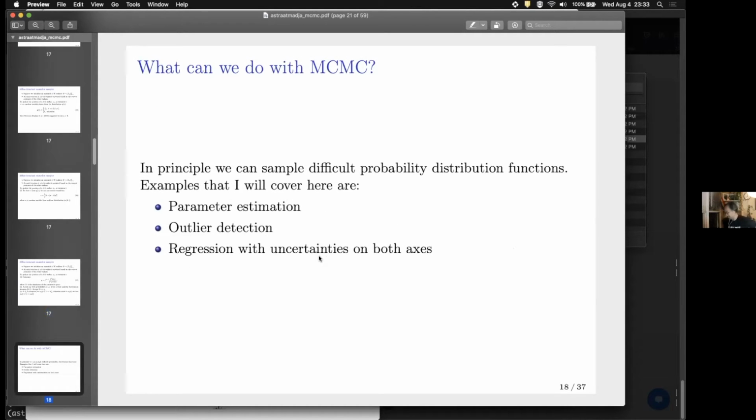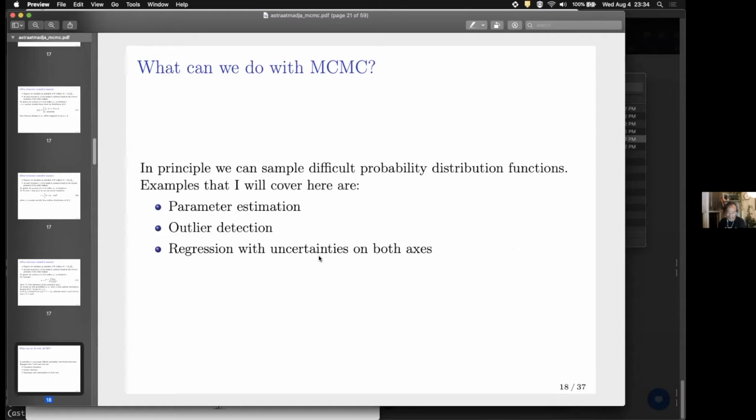Right. So because we're talking about MCMC, I will try to concentrate on that and Monte Carlo methods in general. As I have said, in general, MCMC is used to sample difficult probability density functions, PDFs. What do we mean by difficult?